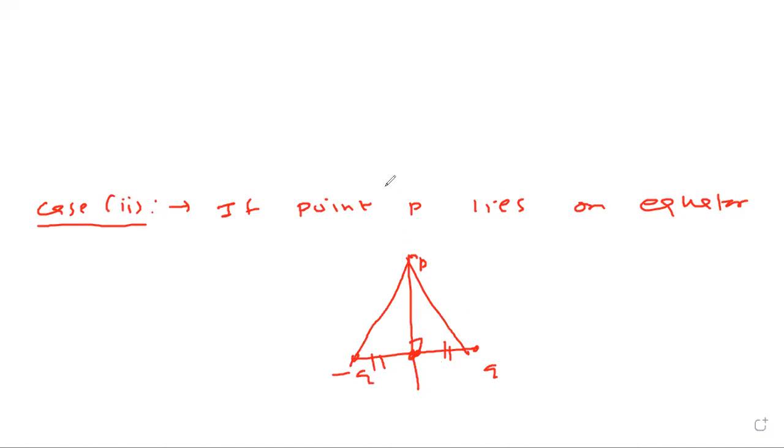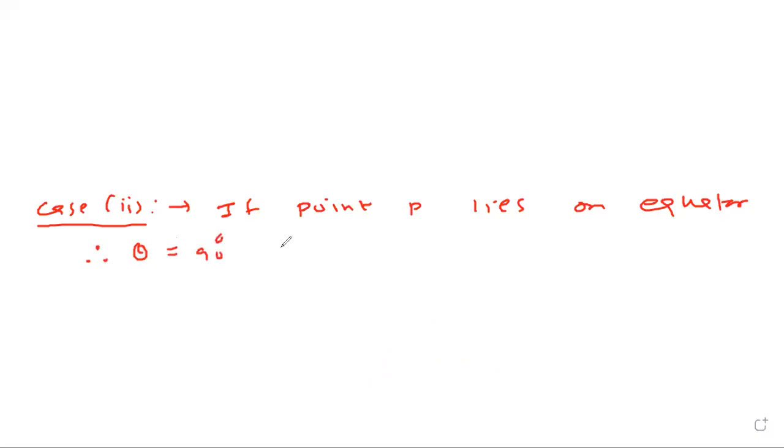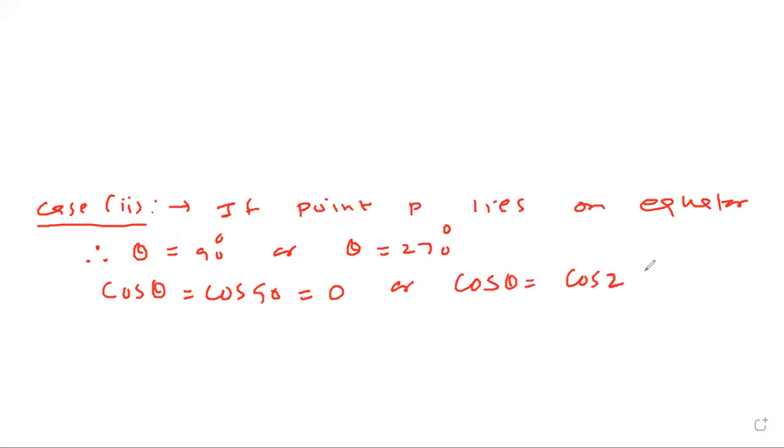So if the point lies on the equator, we have to find what is the electric potential at that point. Therefore theta can be 90 degrees or 270 degrees. So cos theta is cos 90, which we know is 0, or cos 270, that is also 0.